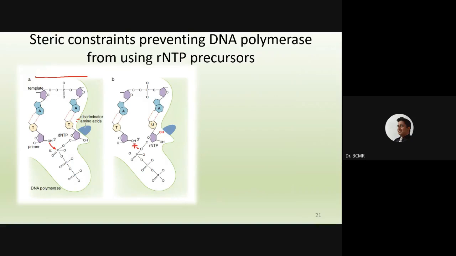The first question we are asking, the point that this slide is actually showing, is you have dNTPs in the cell. There are also NTPs. How does DNA polymerase figure out which one to use? The difference between these two is just one oxygen atom, right?